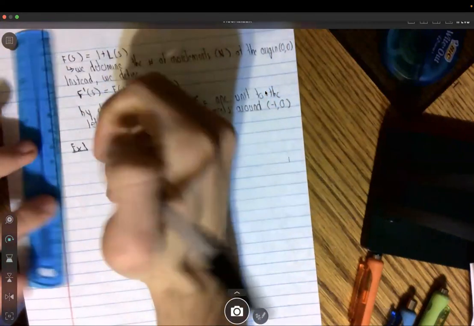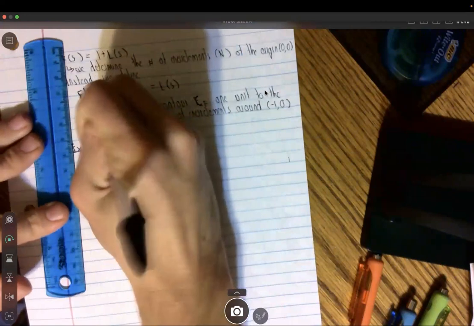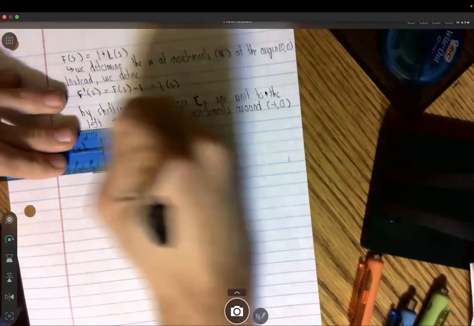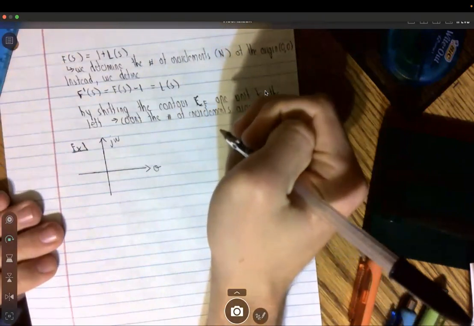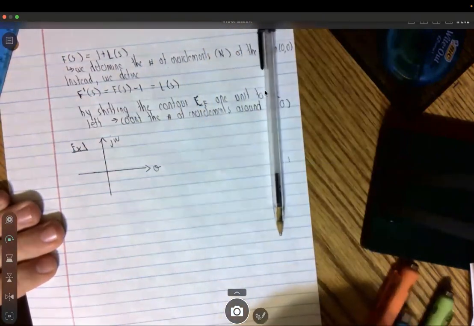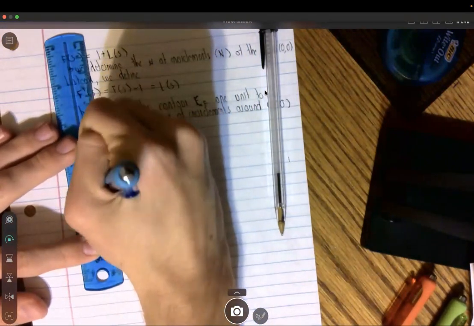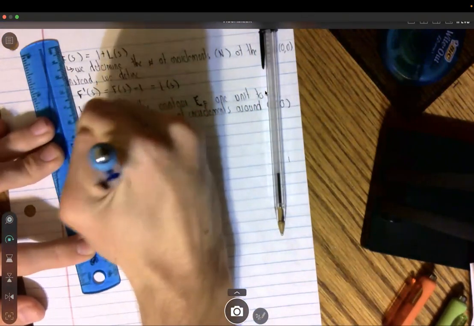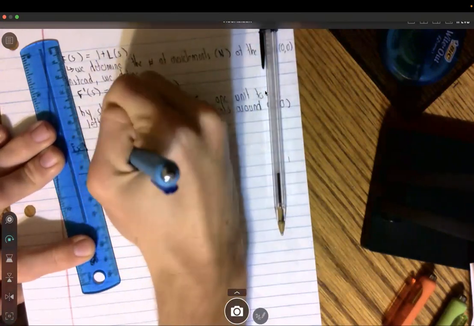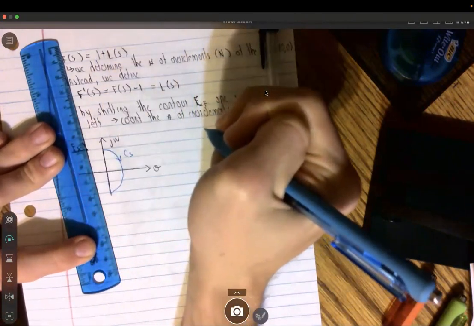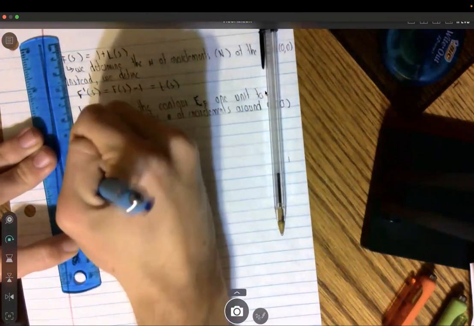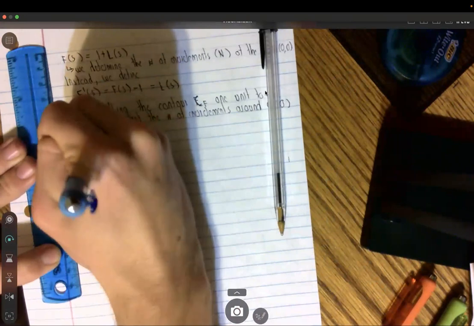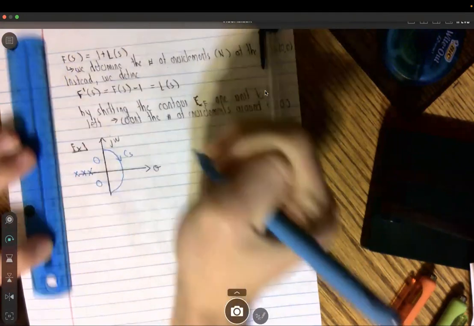From here, this example we're given is in the S plane. So we have a sigma and j omega. We're in the S plane right now, and we have our contour C of S. So I'm going to call this contour C of S. And here's our open loop zeros and open loop poles.